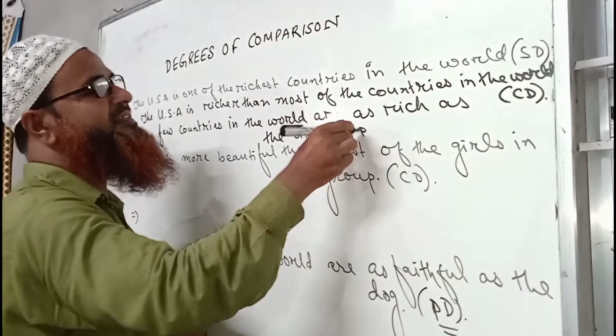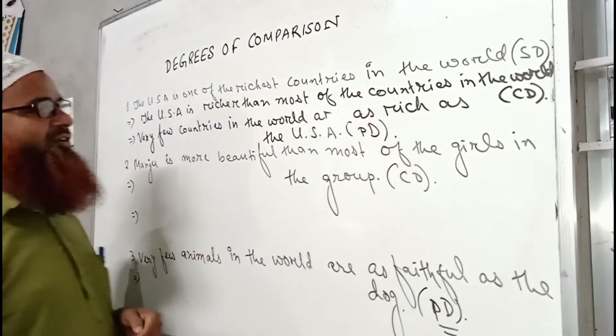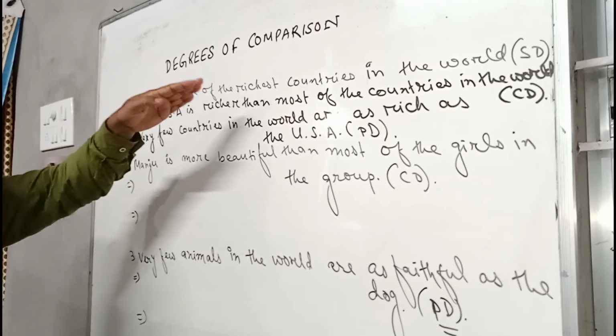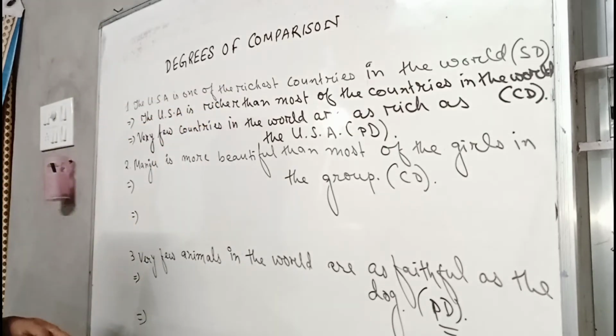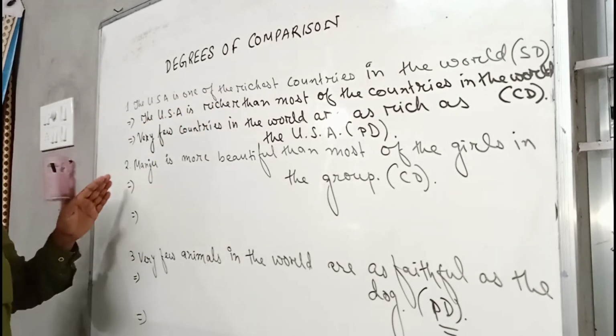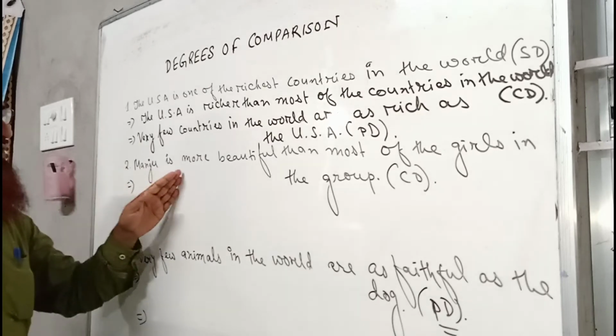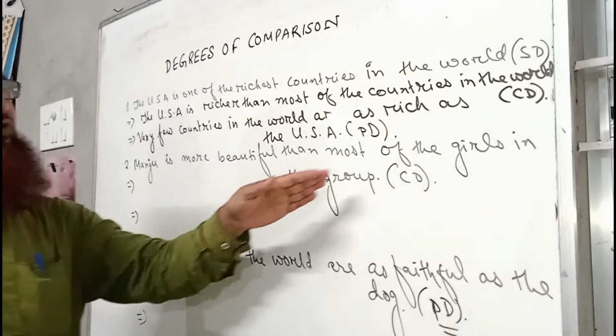Okay, this is positive degree of these two sentences or of these two degrees, that means superlative and comparative.